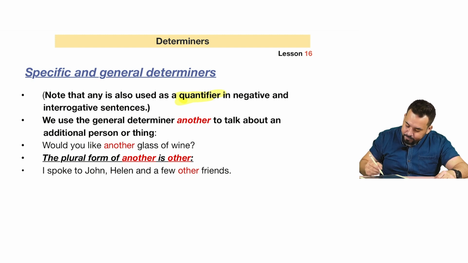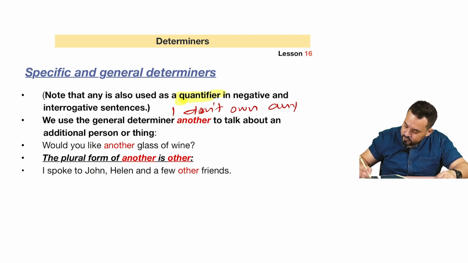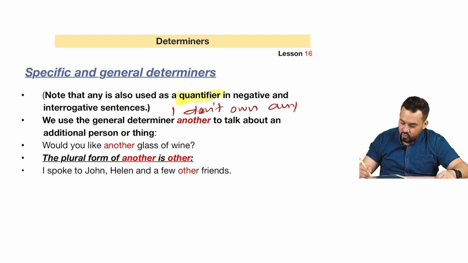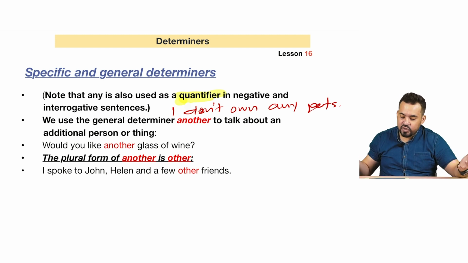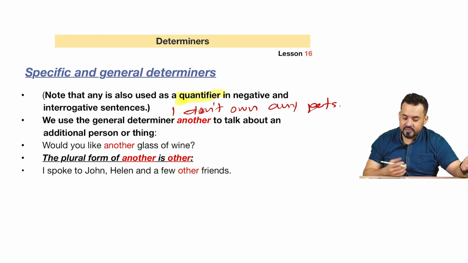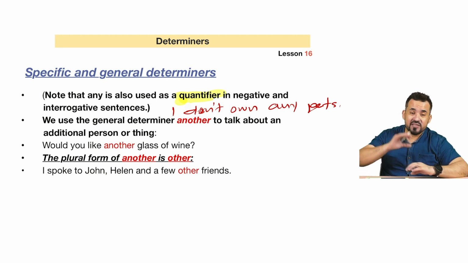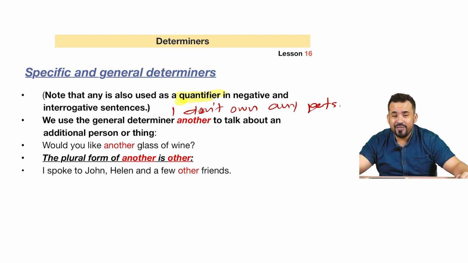Okay, so: I don't own any pets. I don't own any pets. So this is a quantifier in negative sentences. In a negative sentence, I don't own any pets. Zero pets. No pets. I don't own any pets.